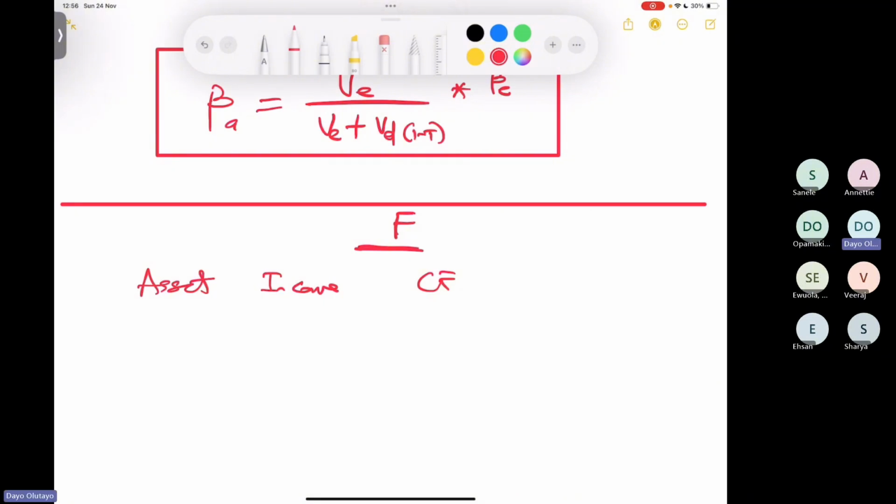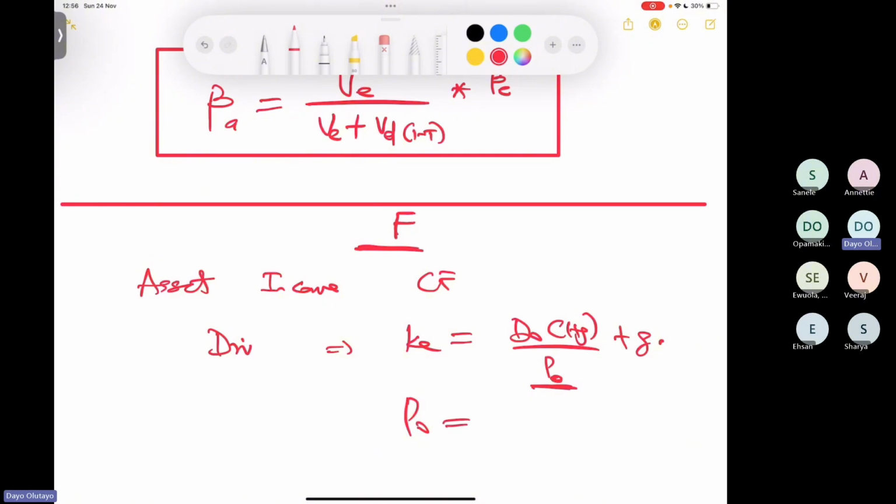Take, for instance, if you remember your dividend model, when we were doing cost of equity, you said that cost of equity equals D0 into (1 plus g) over P0, plus g. This P0 is the price. In business valuation, this is what you are calculating. So it is the same formula, rearranged into P0 equals D0 into (1 plus g) divided by Ke minus g.